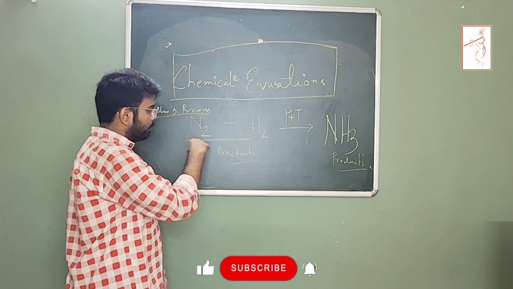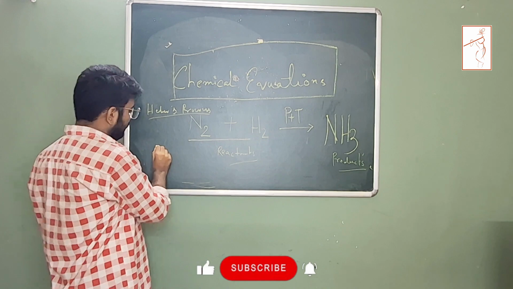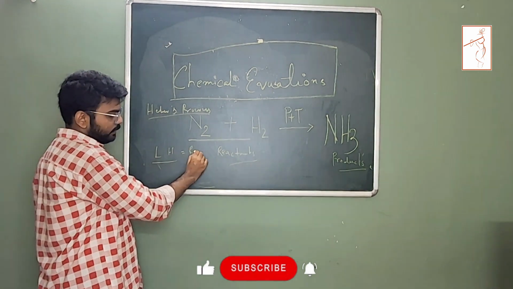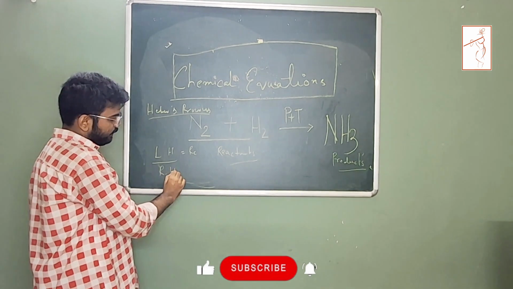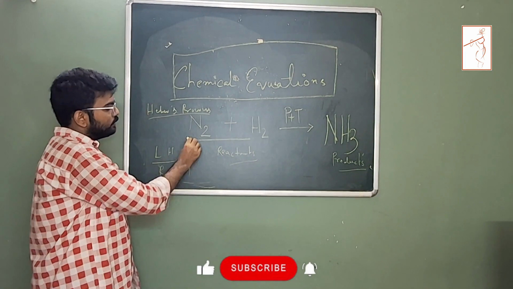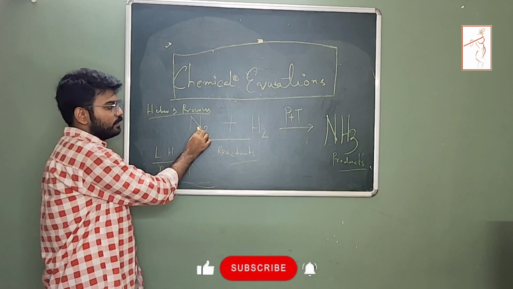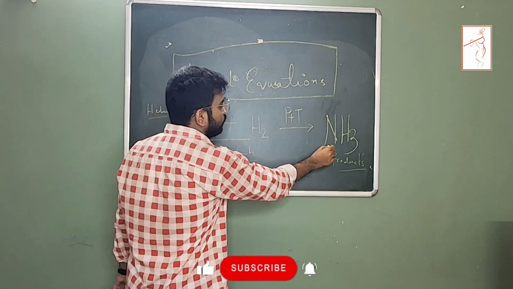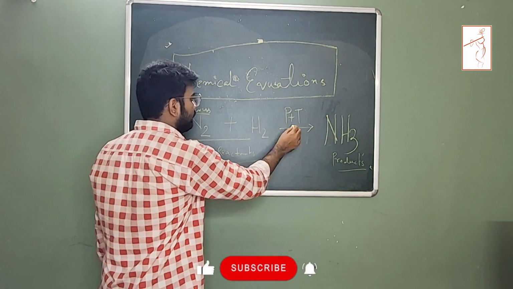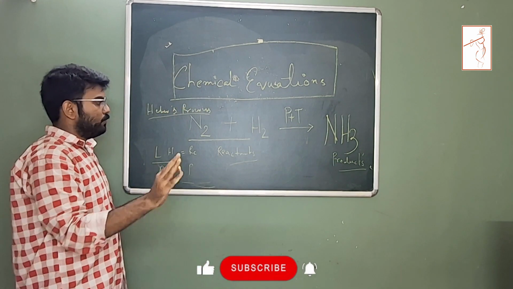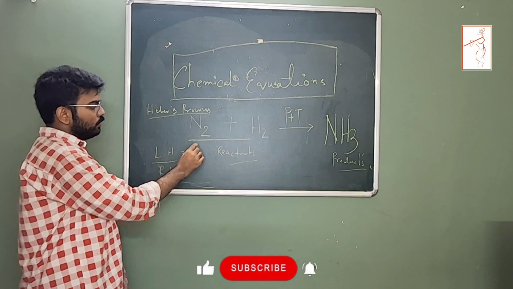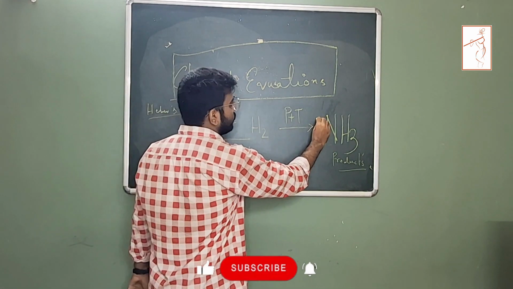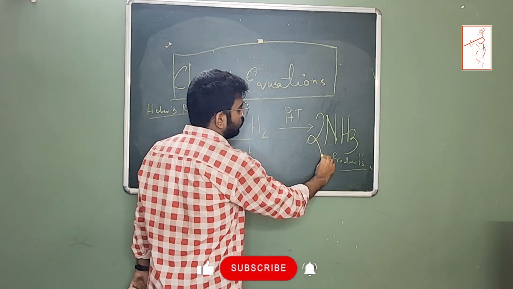So what we see here, on the left-hand side there are reactants, and on the right-hand side they are products. 1 mole of nitrogen is present here, 1 mole of hydrogen is present here, and 1 mole of ammonia is formed. But it is not a balanced equation. To balance it, what can we do? Here is 2 nitrogen, here is 1 nitrogen. So we write here 2.